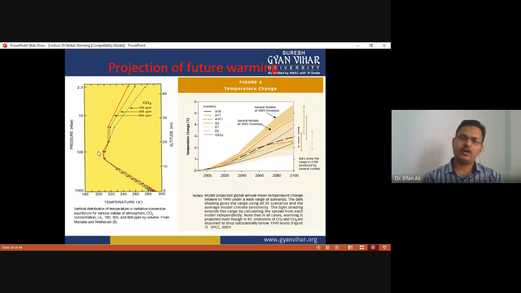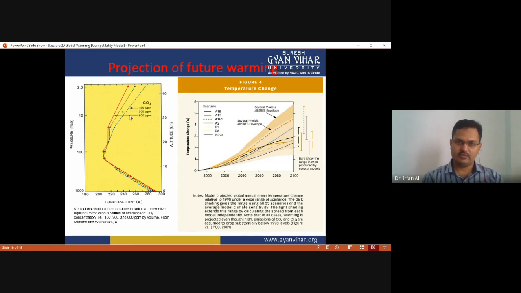And how can we project the future warming? This figure shows the vertical distribution of temperature in radiative convective equilibrium for various values of atmospheric carbon dioxide concentration. There are three projections: if the CO2 level is 150 ppm, this kind of trend is observed.